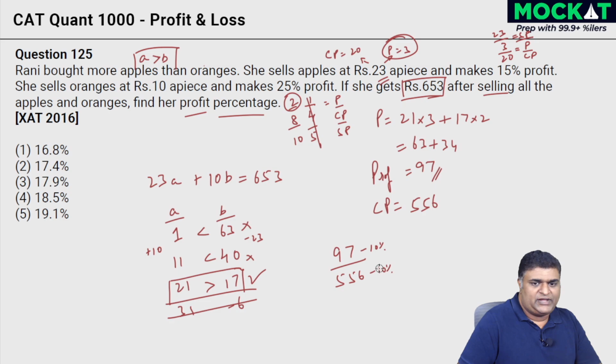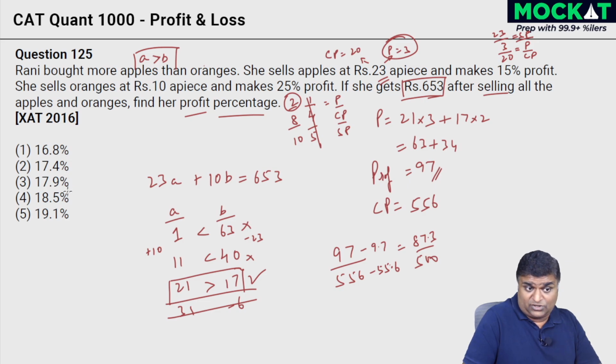What is 10% of 556? 55.6. What is 10% of 97? 9.7. 556 minus 55.6, very close to 500, approximately. 97 minus 9.7 is 87.3.